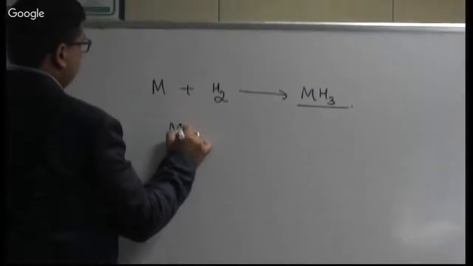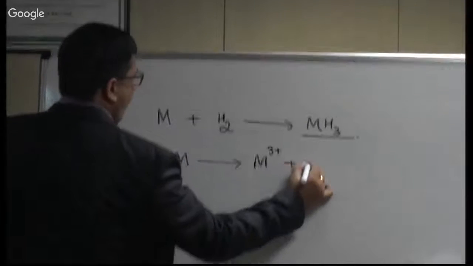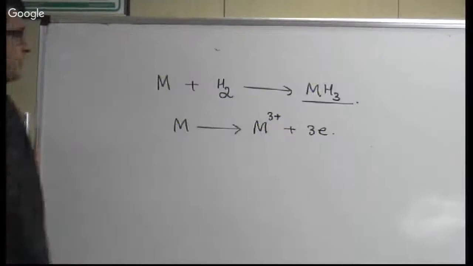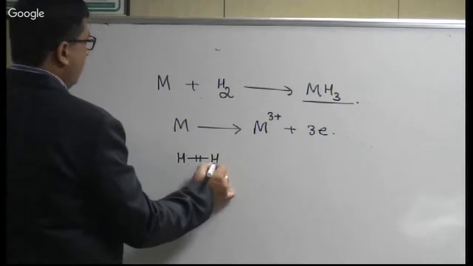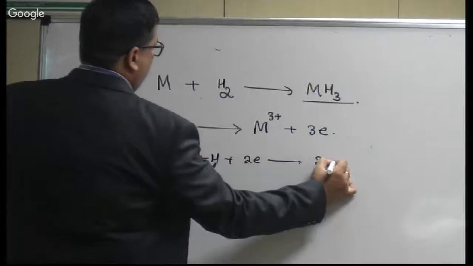Clear? We know that if this metal loses 3 electrons, it becomes M3 plus, as in the case of bismuth and others. Hydrogen is homolytically cleaved, and if it accepts an electron, it gives H minus.